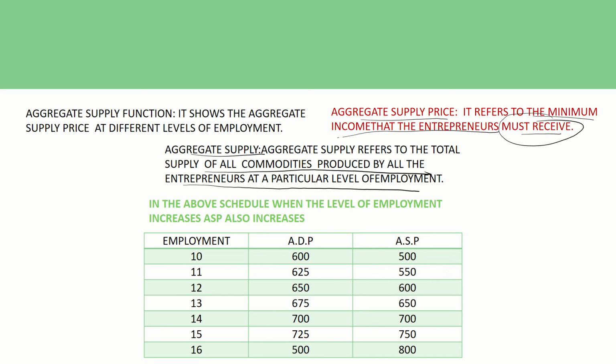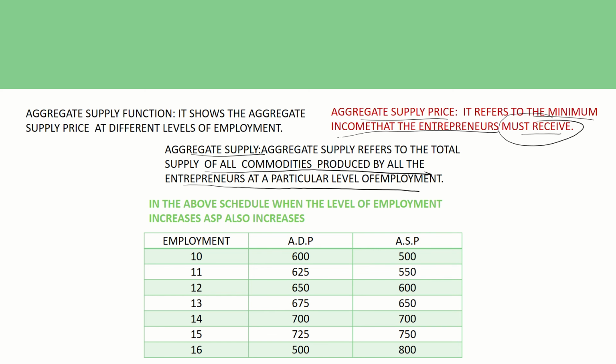So you must receive that. That is called the aggregate supply price. Whatever money he gets from the sale of output is called the income, and that is called aggregate supply price.